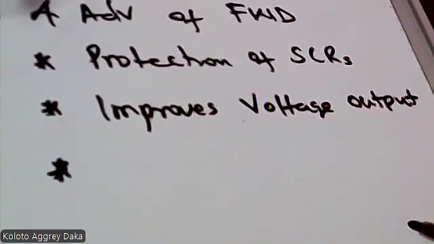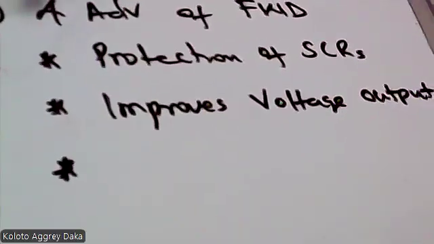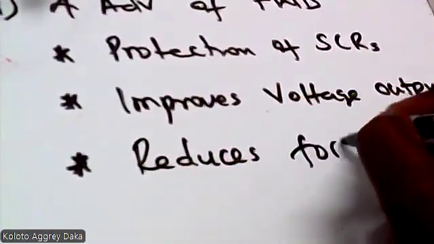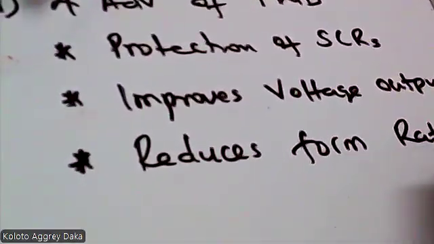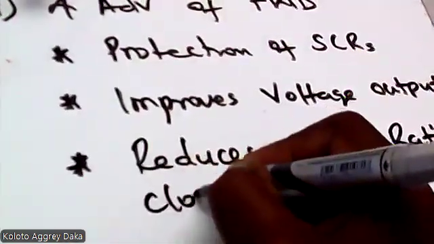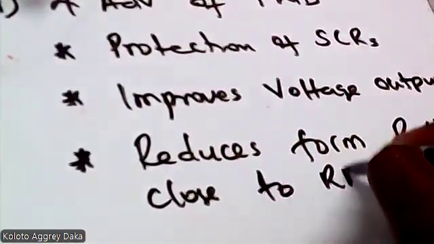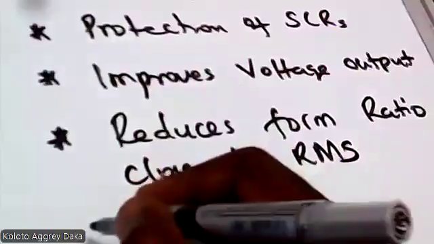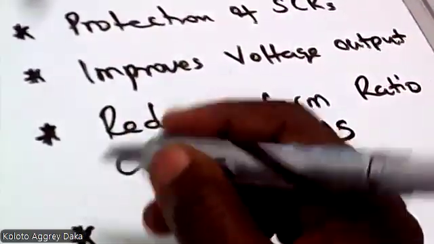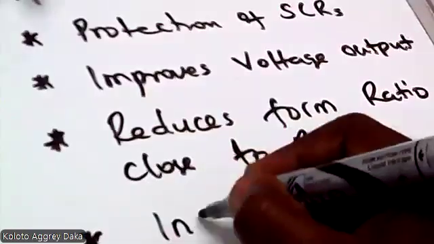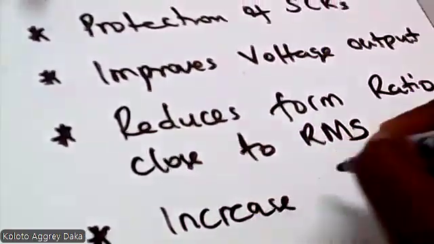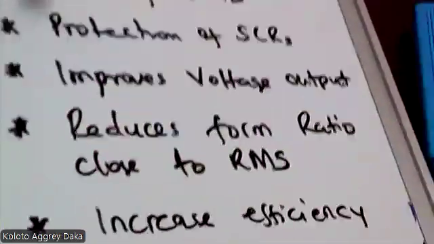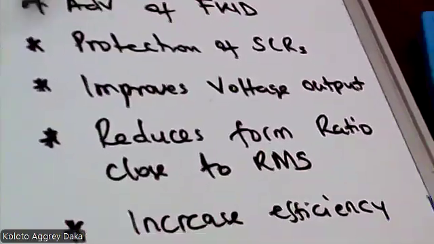Then number 3, reduces form ratio close to RMS, root mean square. We know this. Then lastly, increases the efficiency. Those are the 4.